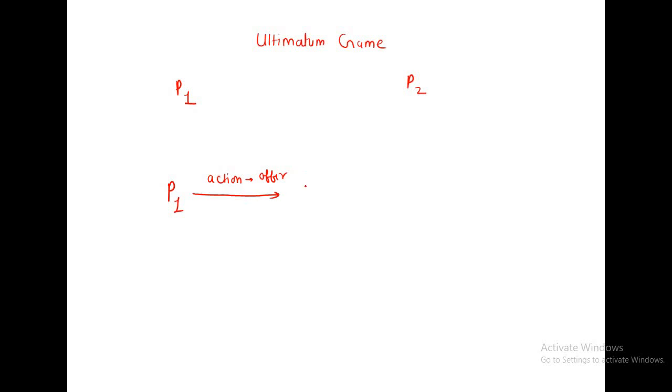After that, player 2 will act, and player 2 either accepts the offer or rejects the offer. If P2 accepts the offer, then P2 will get that share and the remaining will be of P1, right?